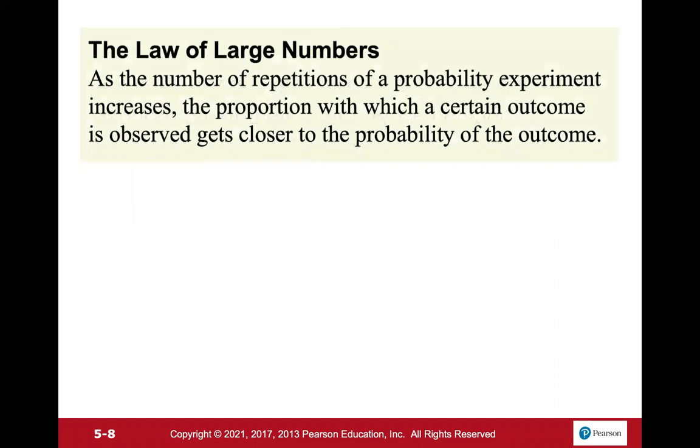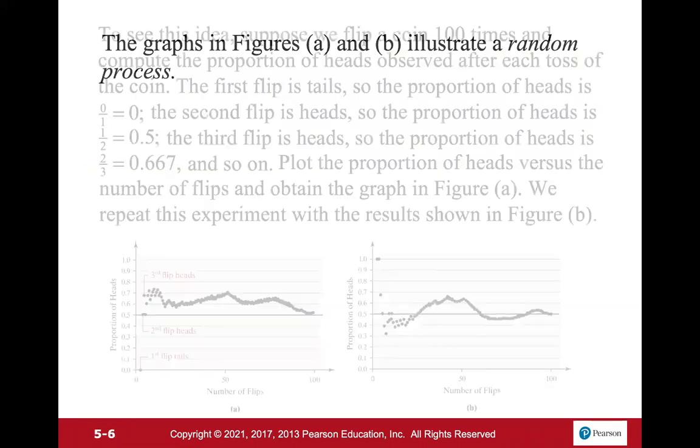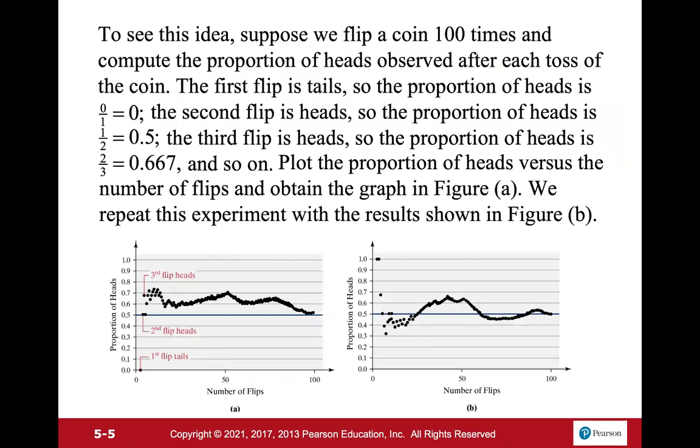And the law of large numbers: as the number of repetitions of a probability experiment increases, the proportion with which a certain outcome is observed gets closer to the probability of the outcome. So if we go back, do they show it? They don't really show it. If you look back at this example, the true probability of flipping a coin and it landing on heads is 1 out of 2, because there's only 1 head on the 2-sided coin.